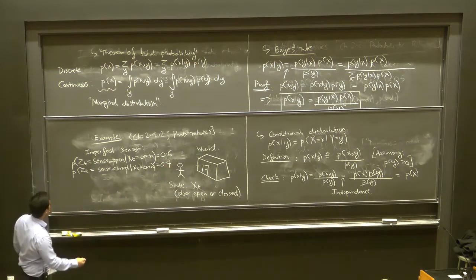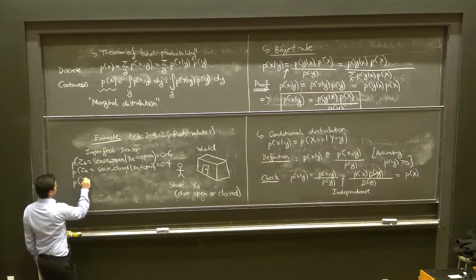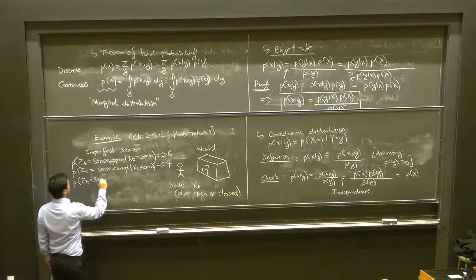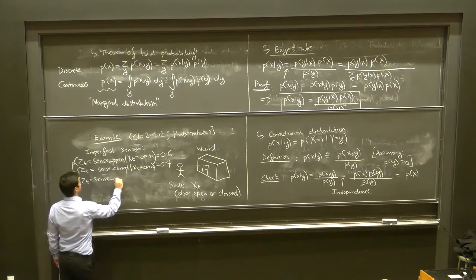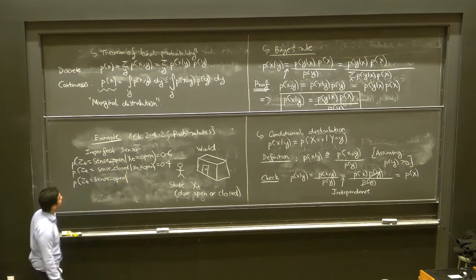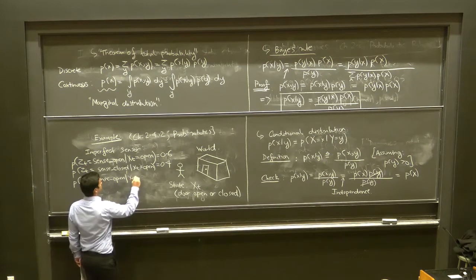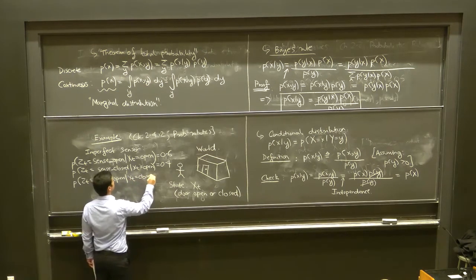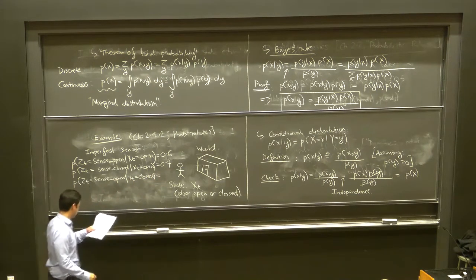And then the other way: the probability that the robot senses that the door is open, given that the door is in fact closed, is 0.2.